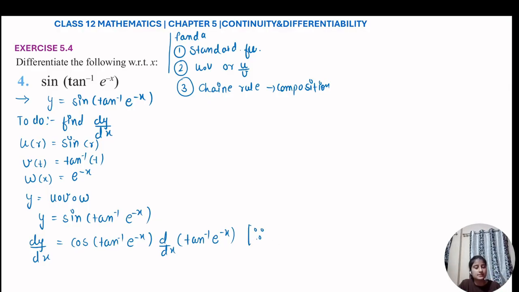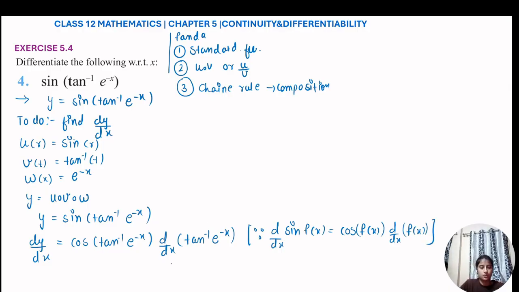I am writing this reason so that you can understand what I am doing, how the chain rule works. So, differentiation of sine of f of x is nothing but differentiation of sine, that is cos of f of x, take the argument as it is, then differentiate the argument with respect to the variable, that is d by dx of f of x.